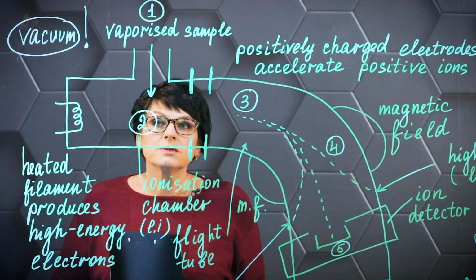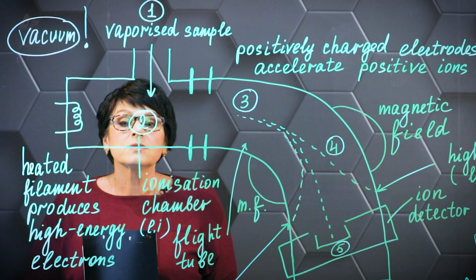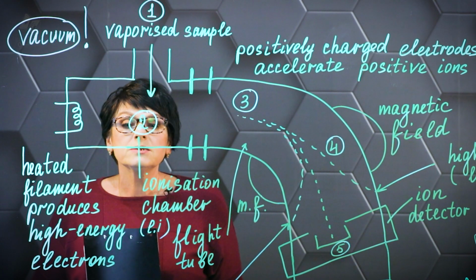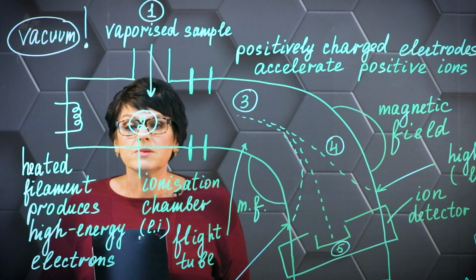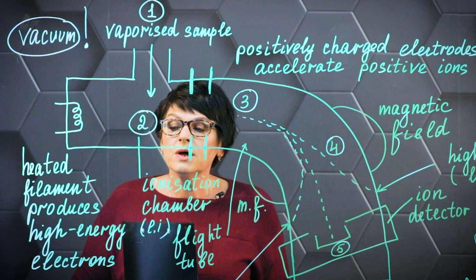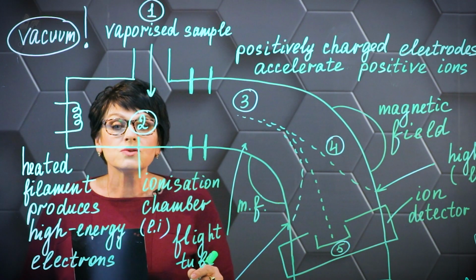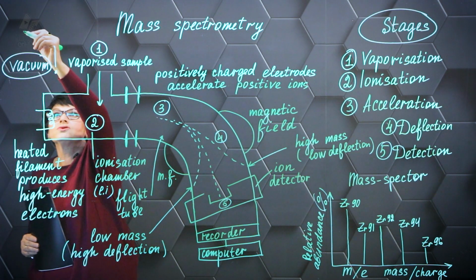What are they for? The sample that goes into this mass spectrometer is usually neutral atomic particles and molecules. In order to turn them into an ionic state, they have to be affected by electrons. It's called an electron impact. It happens in the following way.